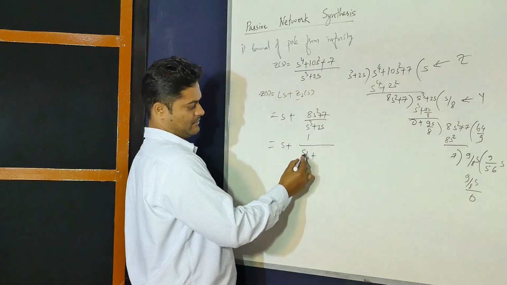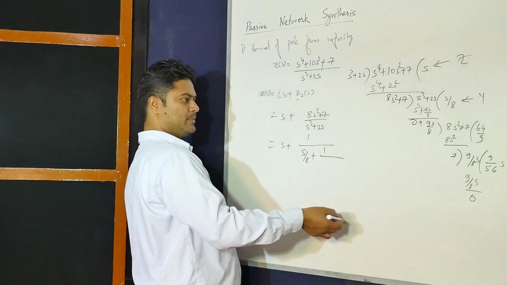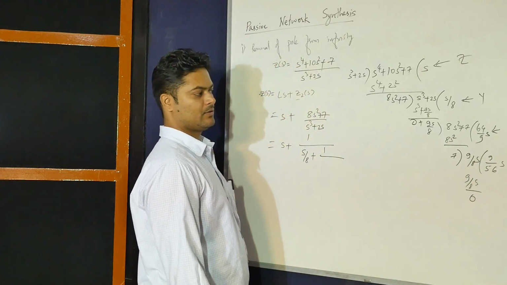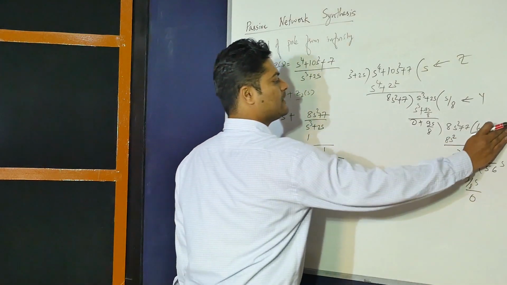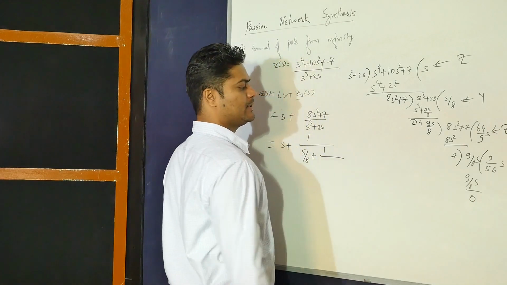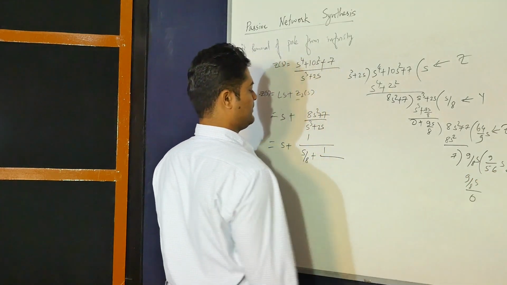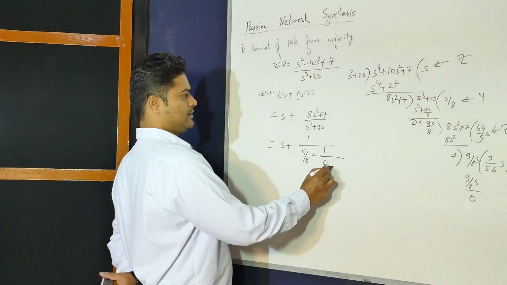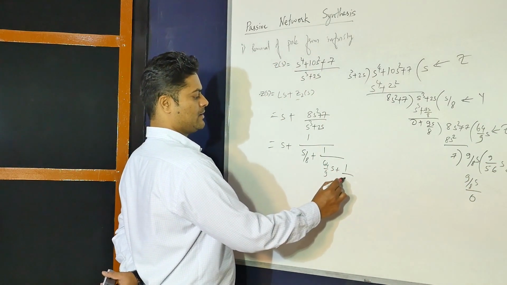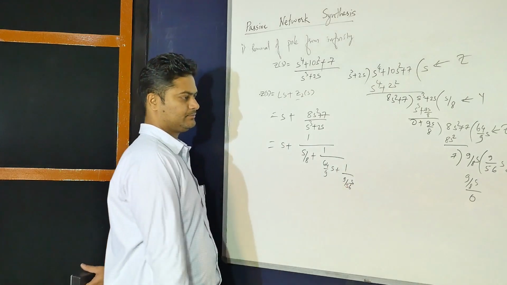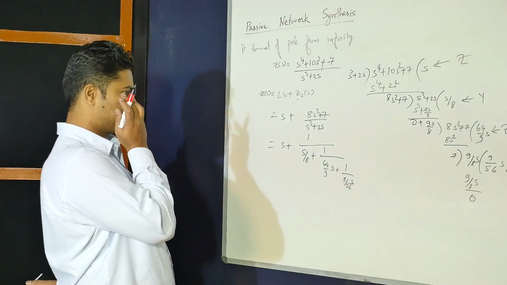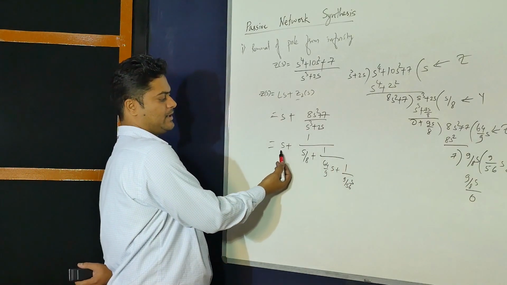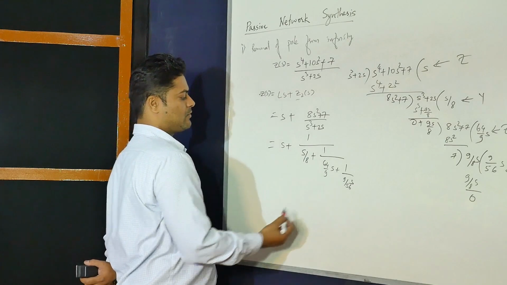Plus 1 by comes into picture, then this will be a z term. The last one will be a y term. So 1 by z term, so 64 by 9 s plus 1 by 9 by 56 s. 64 by 9s. So this is representing z, y, z, y.